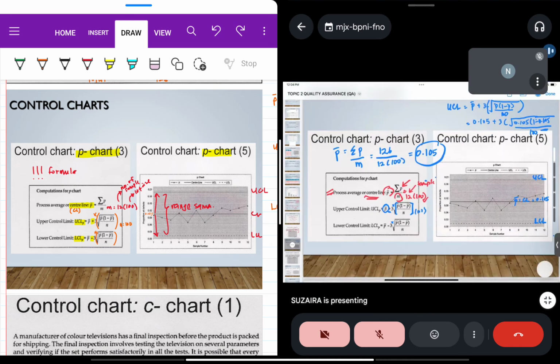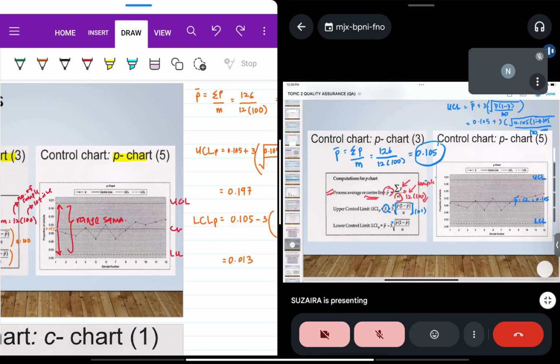So, all right, let's continue. I think while you were calculating your UCL and LCL just now, we can consider that as a break. Okay. So you have the UCL as 0.197, and then the LCL is 0.013.